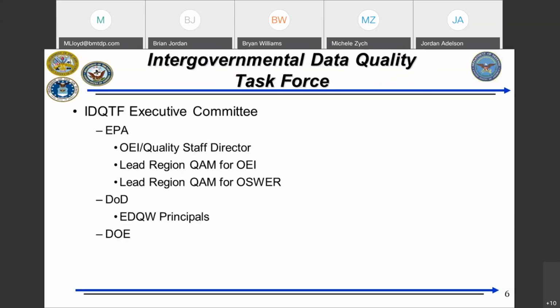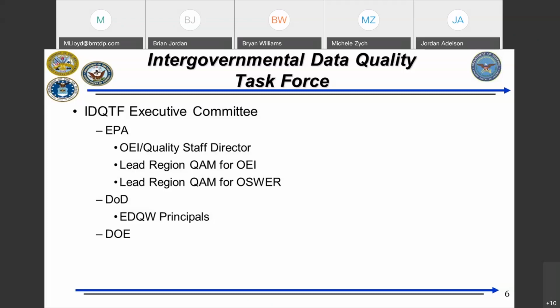Another major initiative that the EDQW is involved with is the Intergovernmental Data Quality Task Force. This is a group that's actually led by the folks at the Office of the Secretary of Defense. I'm the principal DoD representative, and the EPA, with the principal representation coming out of EPA's Federal Facilities Restoration and Reuse Office, FFRO.